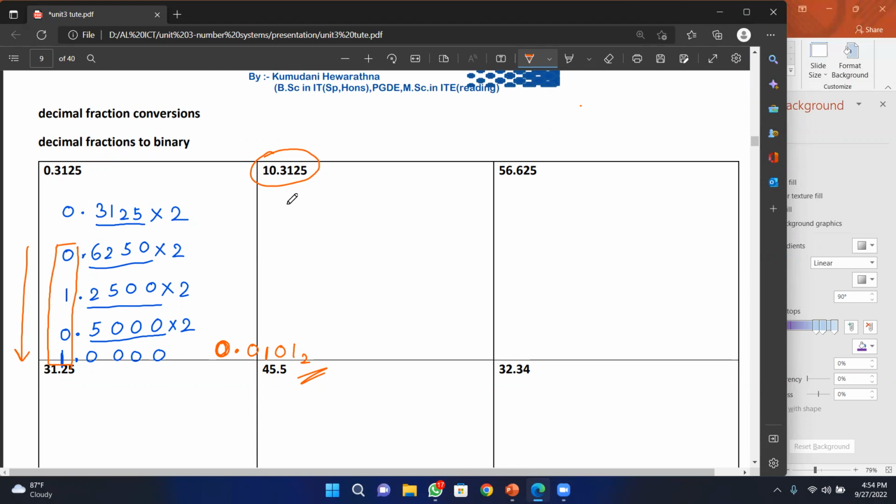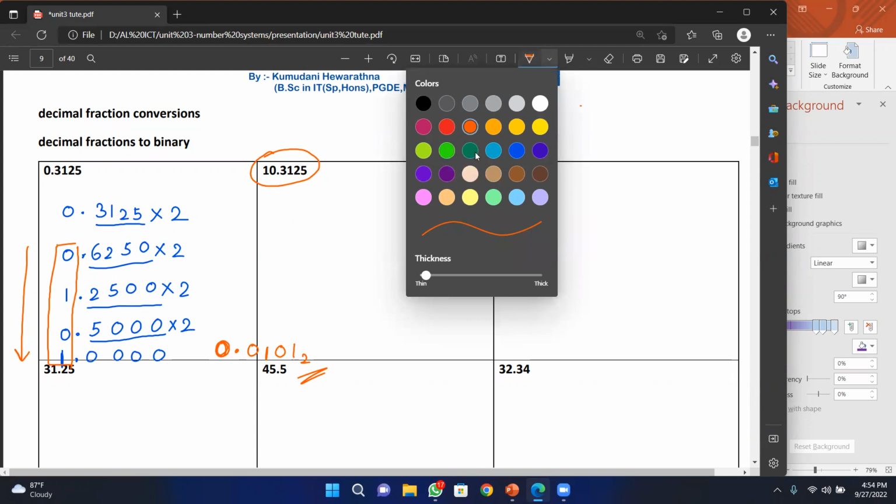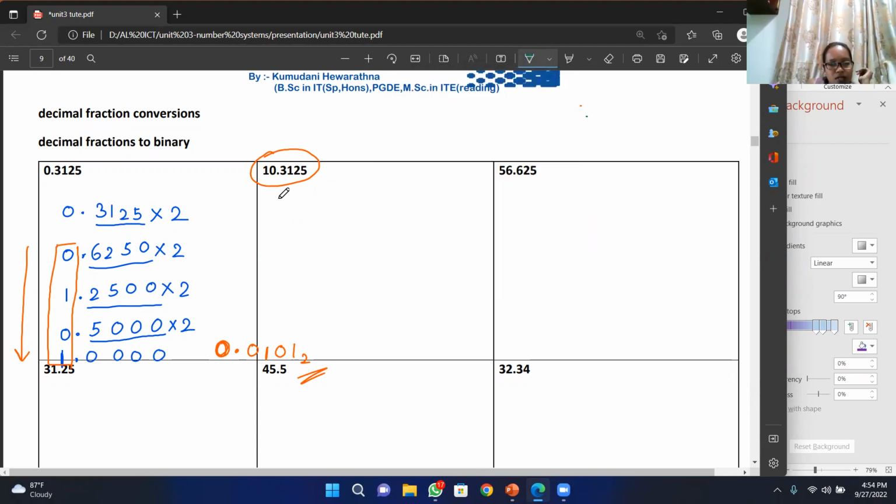Right. So first I will do the whole number part.